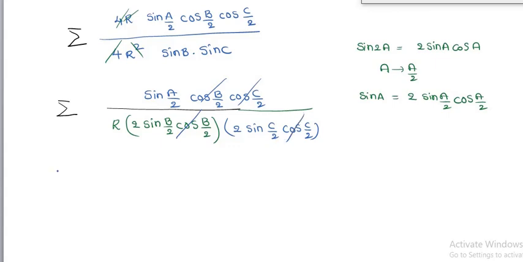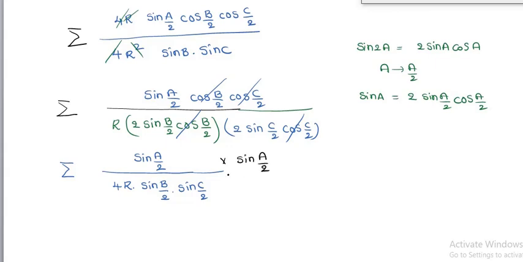So the remaining value is 4R sin B/2 sin C/2. Both sides multiplication, both numerator and denominator is multiplied by sin A/2, sin A/2 whole divided by sin A/2.